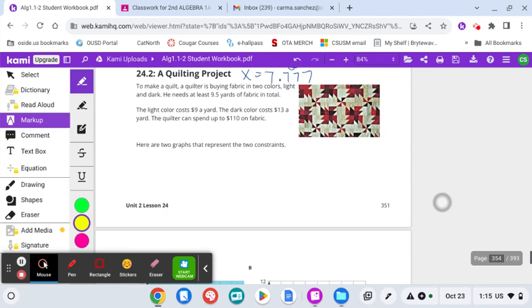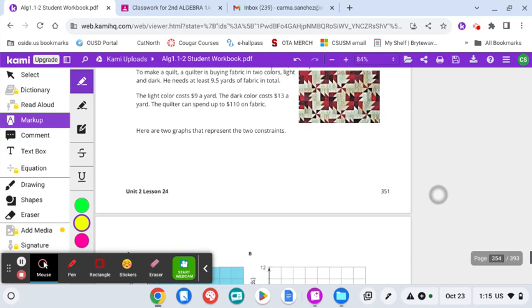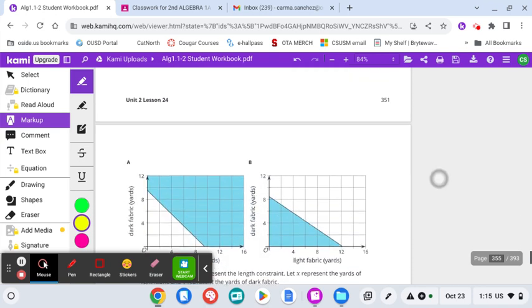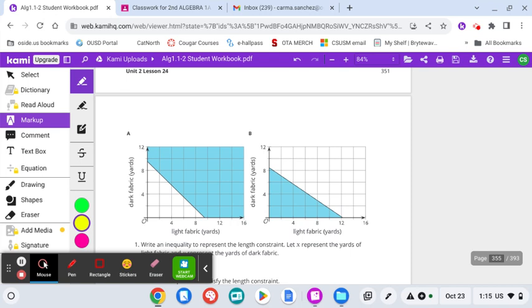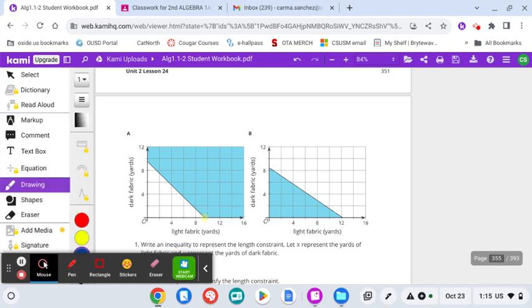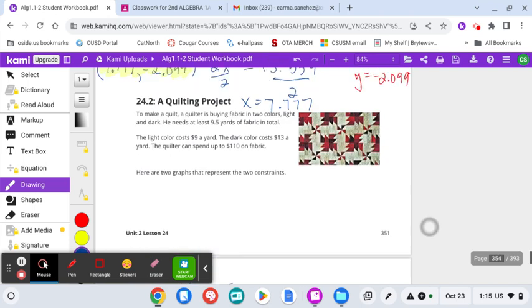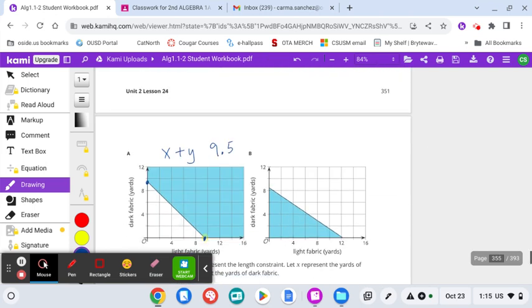So writing the first inequality, 9.5 yards in total, we can see right here that there's this point around 9.5 here and 9.5 here. So the total of the two fabrics has to be at least 9.5. So this first graph A represents that inequality.